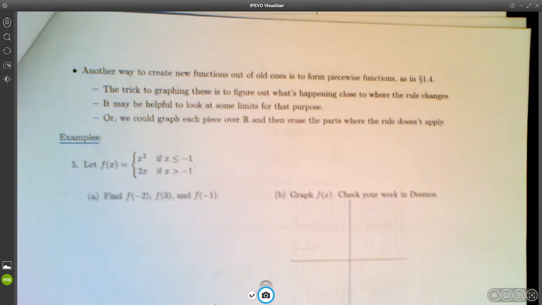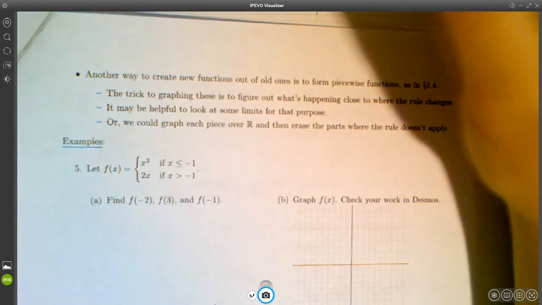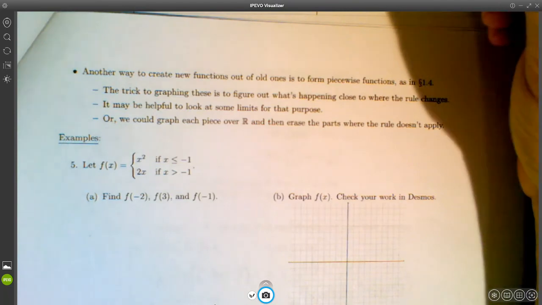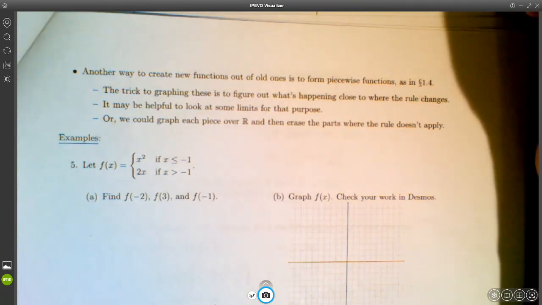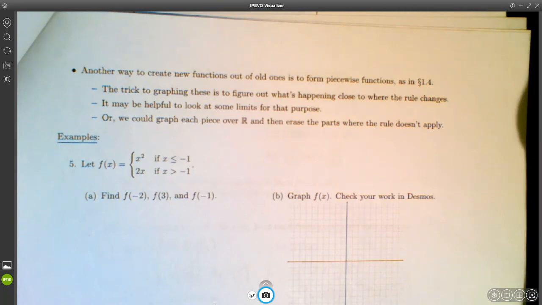Okay. One last thing I want to do. So we've talked about creating complicated functions out of simple functions by doing composition of functions, right? We talked about that in 6.3. But then in this section, we also talked about adding, subtracting, multiplying, and dividing functions in order to create more complicated functions.